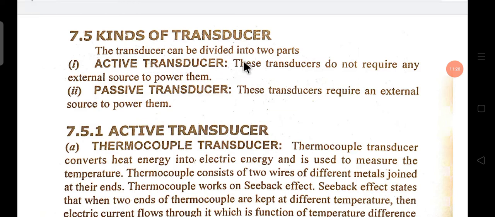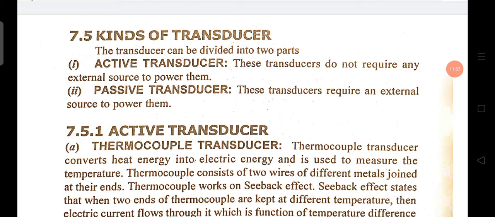An active transducer does not require any external source to power it. It is a type of device which doesn't need any external voltage source to work. Whenever we apply any physical quantity, let's say temperature or pressure, it starts working and gives an output. There is no need of an external voltage source for that.